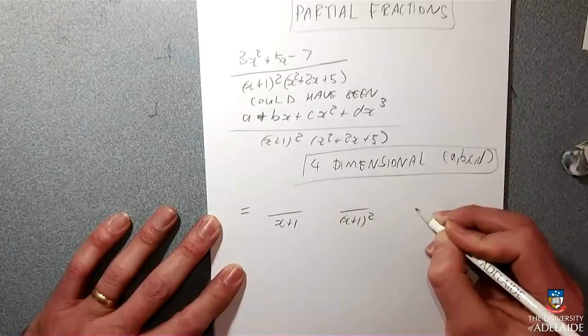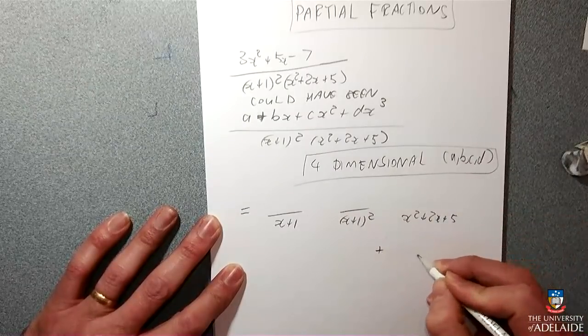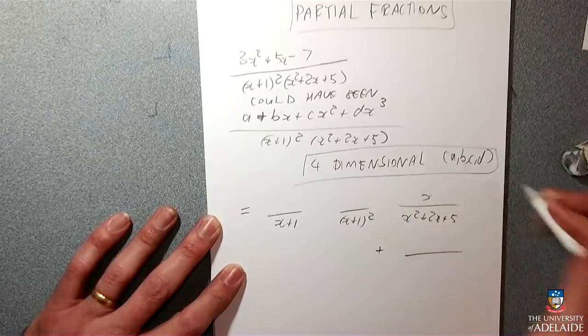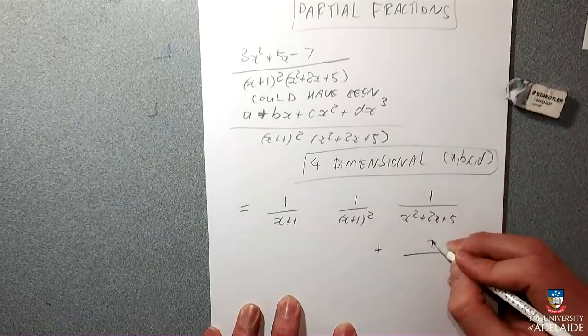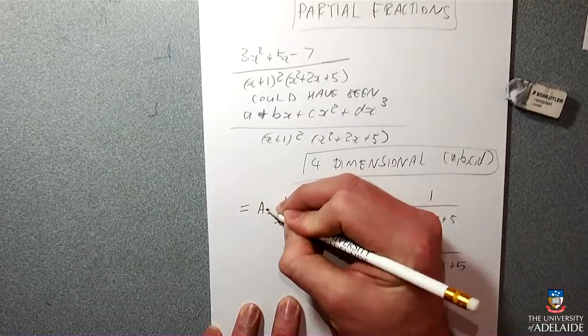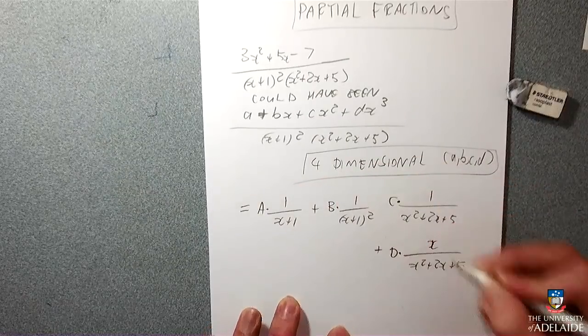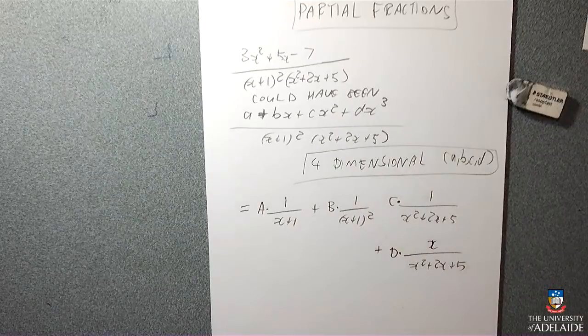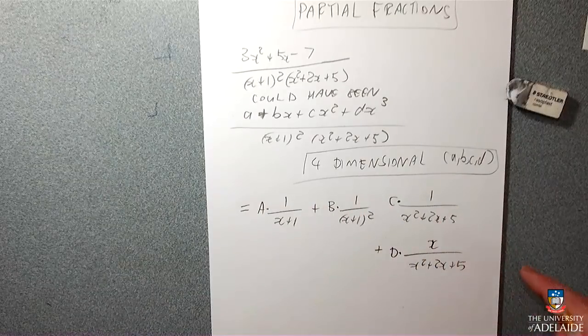And that's why you need 4 things. You'll have some number of this, and some number of this, and some number of this, and some number of this. Look, it's a linear combination. We used to do that to vectors, but now we're doing it to functions.